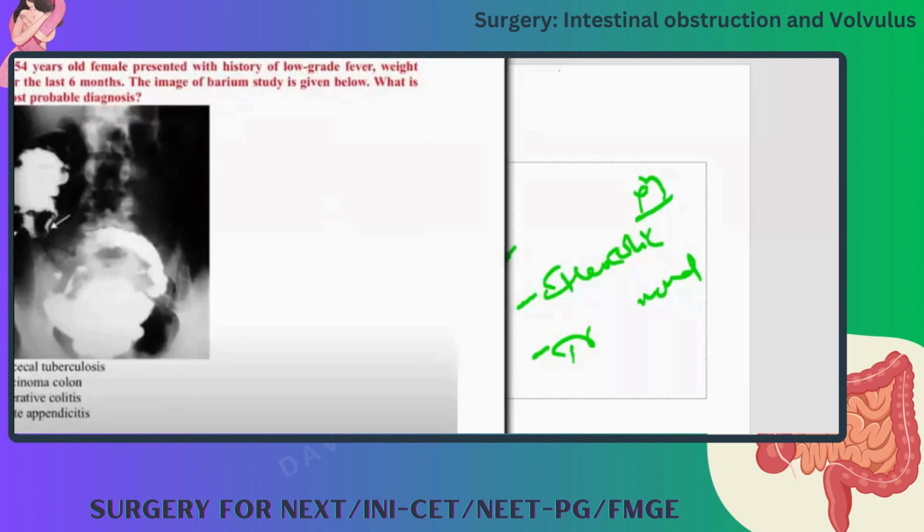Are you able to see the image? Yeah, we are.